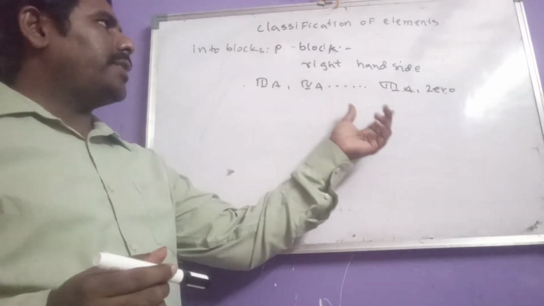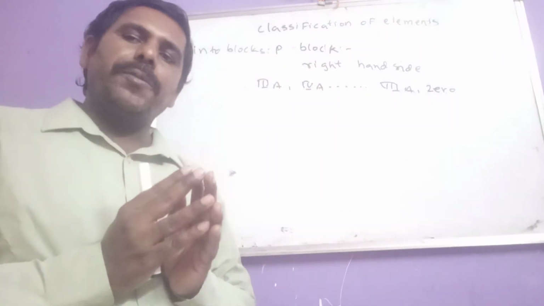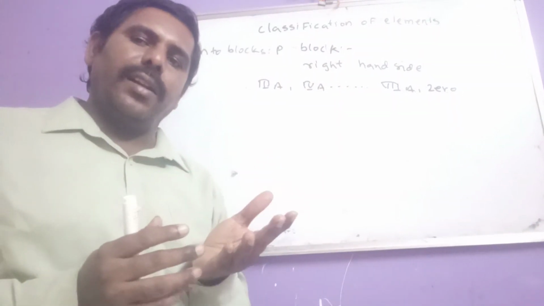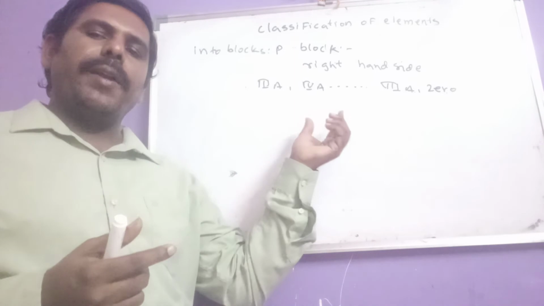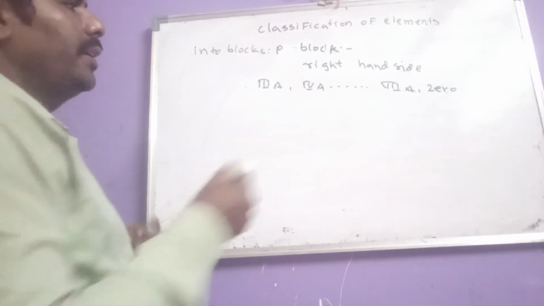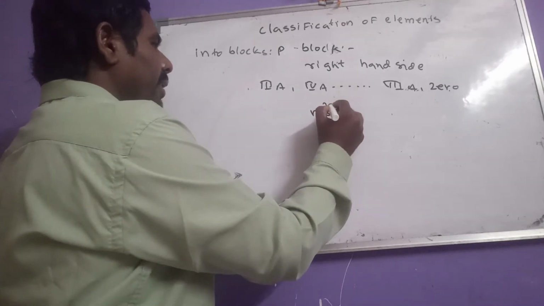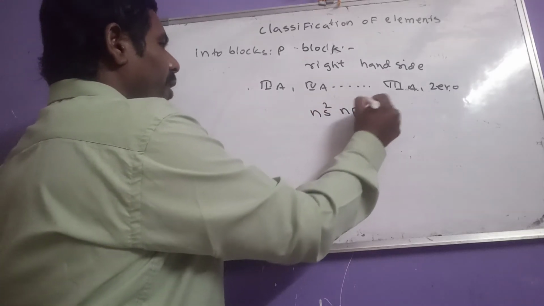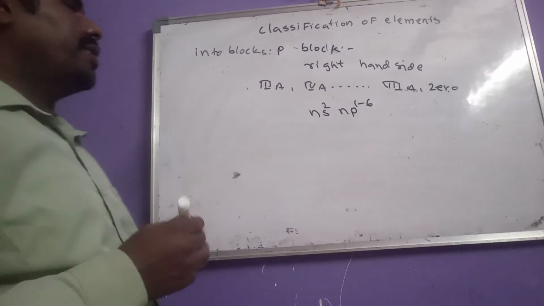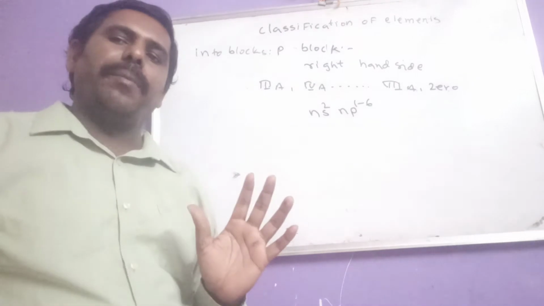So these six groups are present in p block, because a p subshell can accommodate 6 electrons. Remember it like this. So p block also contains 6 groups. The general electronic configuration is ns2 np1 to 6. This is the general electronic configuration of p block elements.